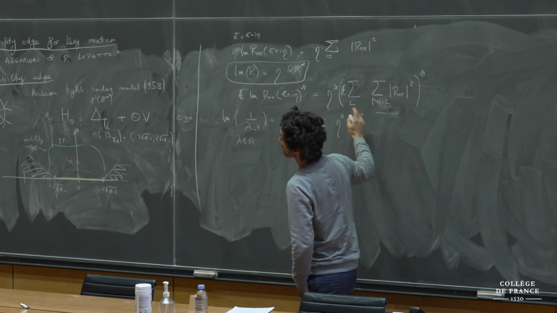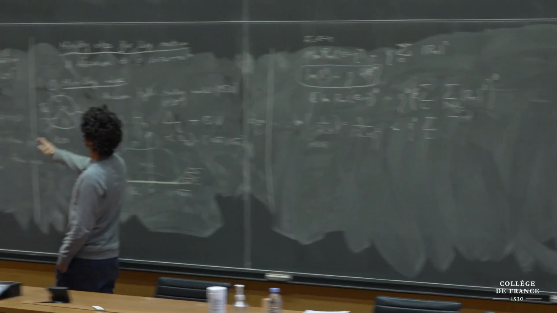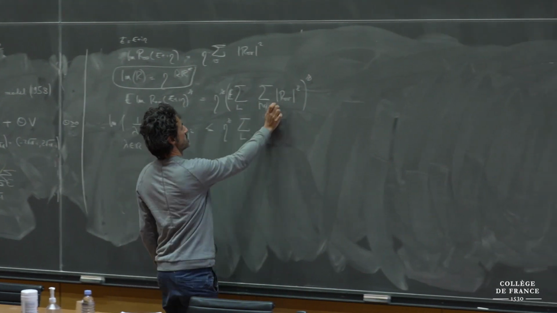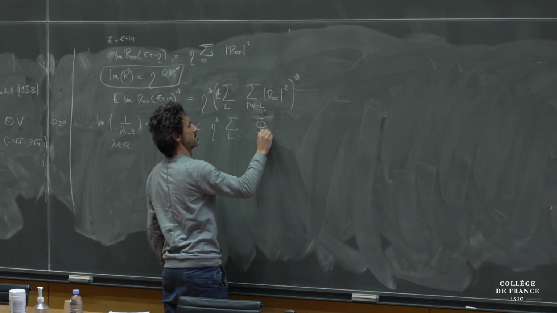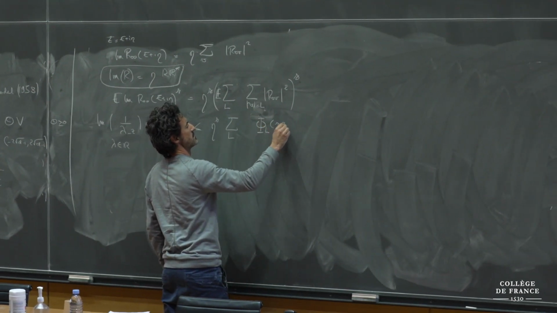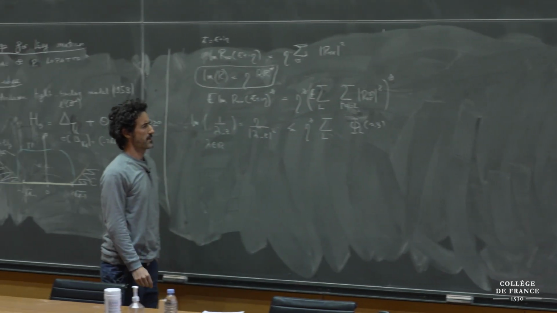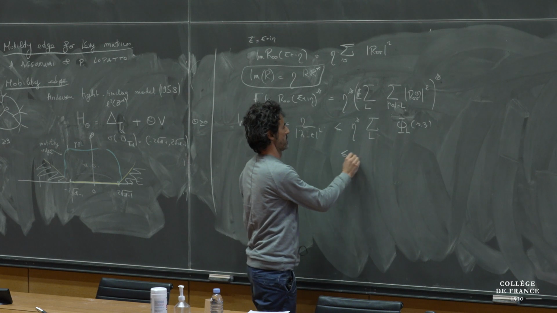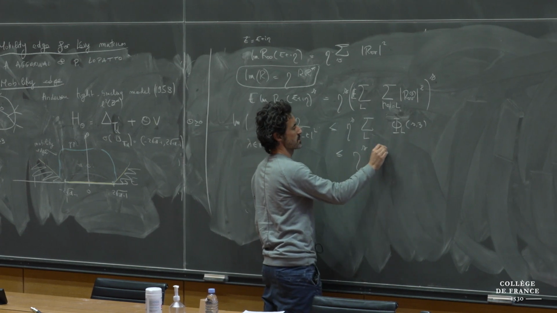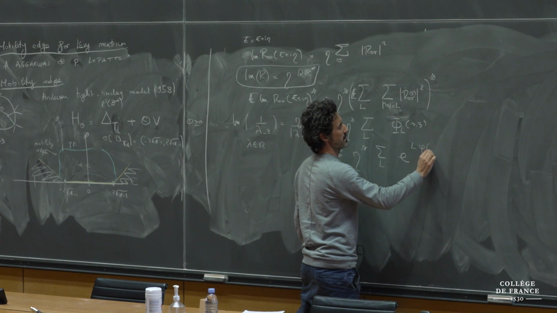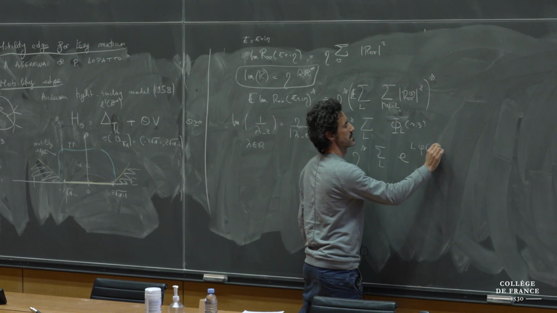And now you recognize the coefficient φ_L(s). So here there is a z somewhere. So this will be equal to the sum over L of exp(L times φ(s, z)).